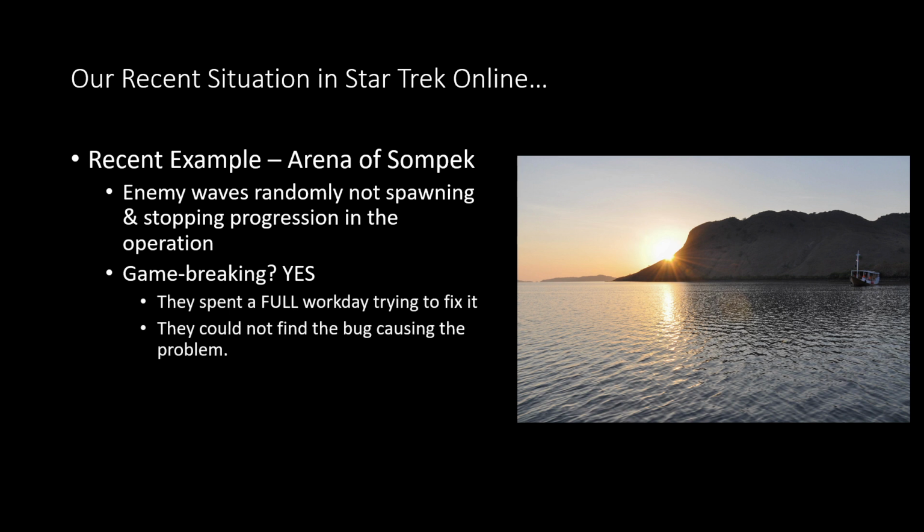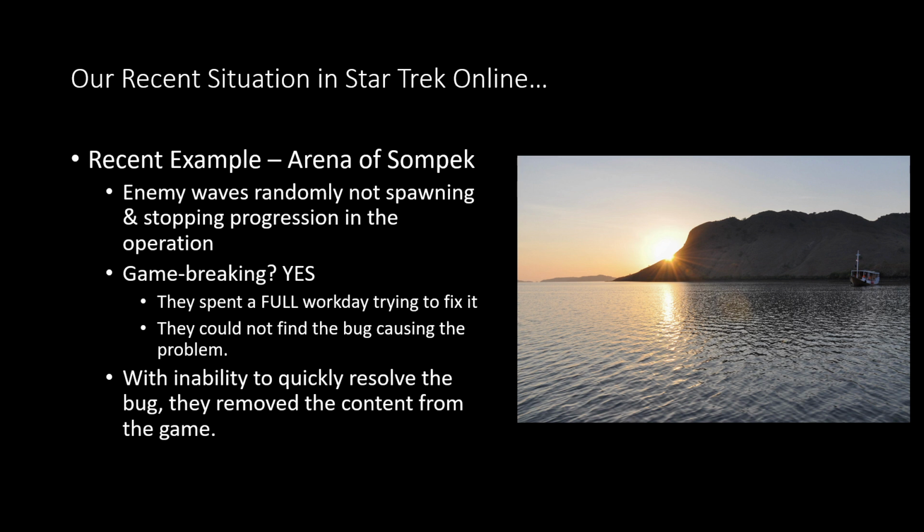So what they did is they tried their best. They spent a full workday trying to fix the issue, and they couldn't. They couldn't find the bug in their code that was causing that issue in terms of enemy waves not spawning at certain points. As thus, they removed the content because they couldn't find the issue, which, considering everything, is a completely reasonable response.